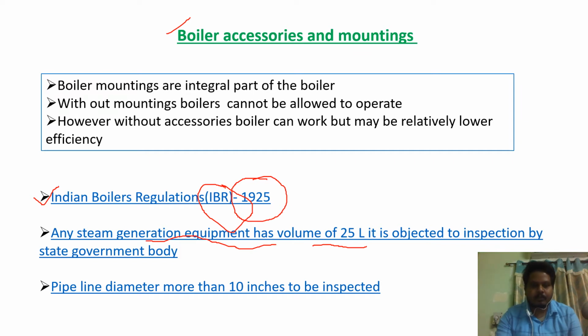And also, if the pipeline diameter is more than 10 inches, in that case also, they have to take permission from the state government body. Then only are they allowed to operate the boiler. So these are the conditions. Actually, this regulation is a very big book. It has so many conditions, but these are the main points.